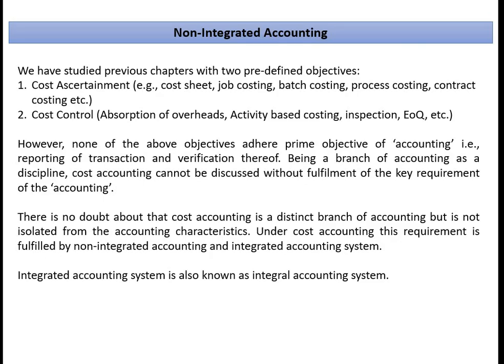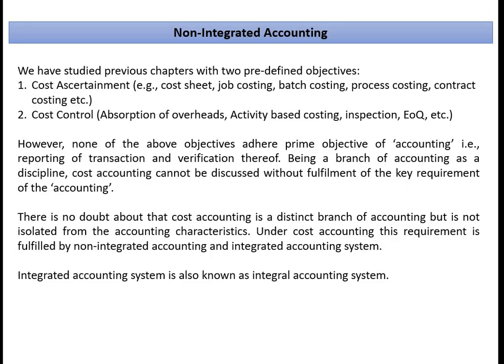One is the non-integrated accounting system and the second is the integrated accounting system. The integrated accounting system is also known as the integral accounting system. In the non-integrated accounting system, we prepare two sets of books of account. One is for cost accounting purposes and the second is for financial accounting purposes, or you can say one is maintained by the cost department and the second by the financial department.